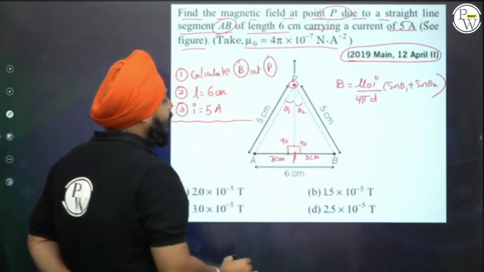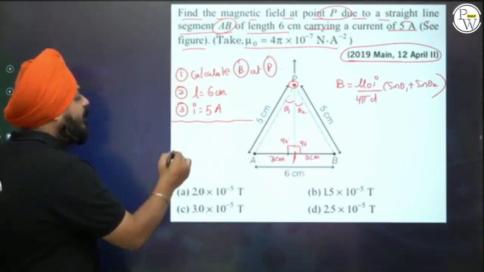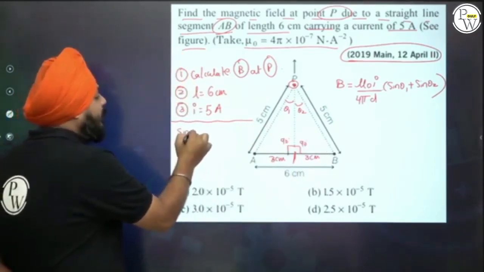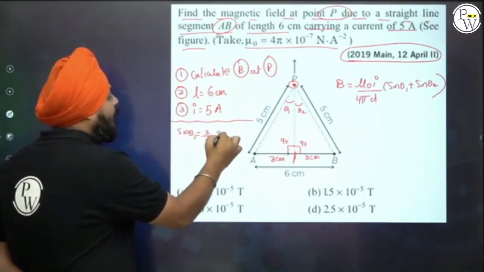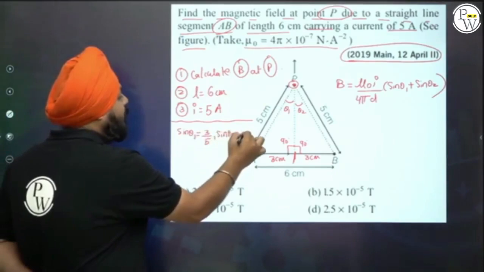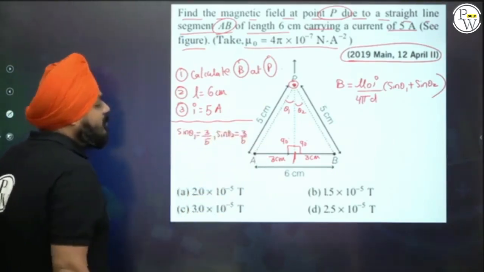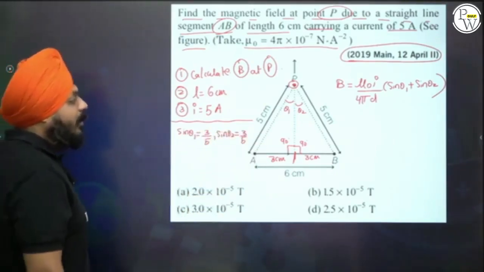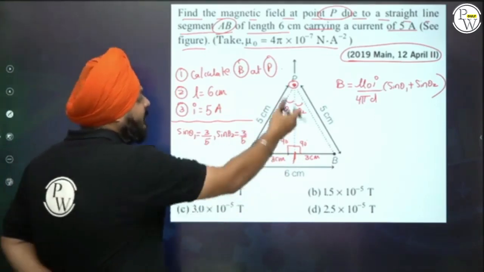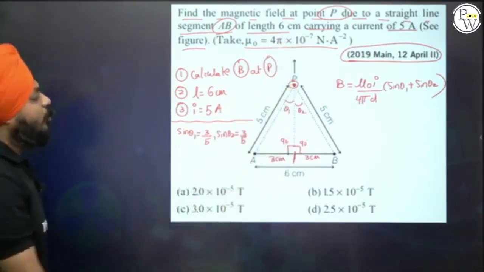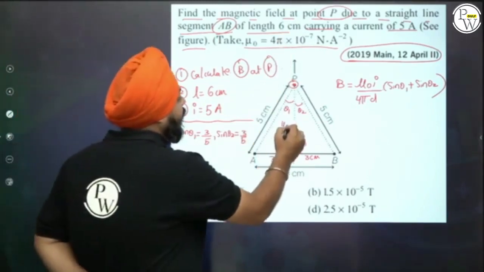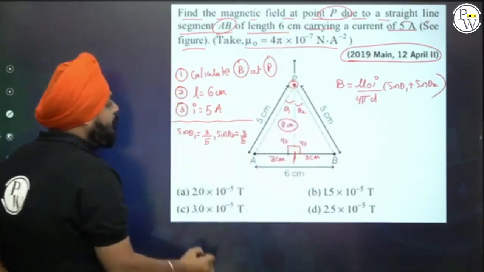So the value of sine theta 1 will be 3 by 5. The value of sine theta 2, from the other triangle, is again 3 by 5. And the perpendicular distance, using the Pythagoras theorem, is obviously 4 centimeter.